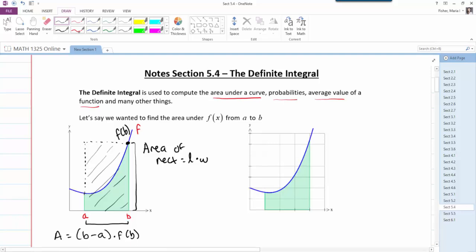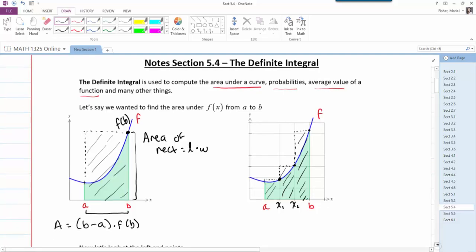So again, I'm calling this function f, this a and this b. I can break this area up into different subintervals. Let's call this x sub 1 and this x sub 2. Then I could use the sum of all three of those rectangles to approximate the area under the curve.